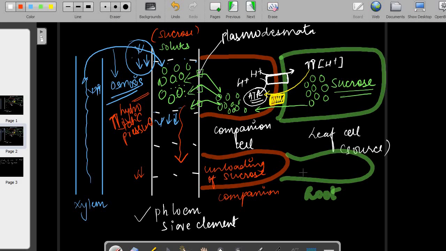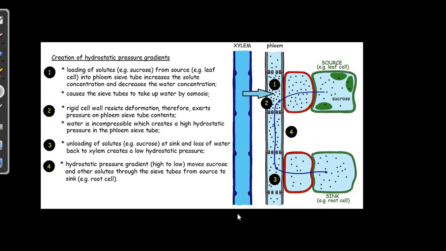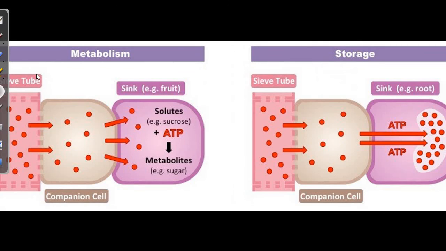Again the same procedure takes place, and here the sucrose will be present. Now the sucrose can be either used for respiration or it can be stored. So that's what takes place at the sink.